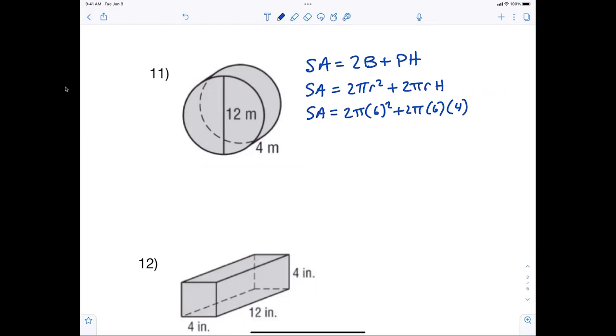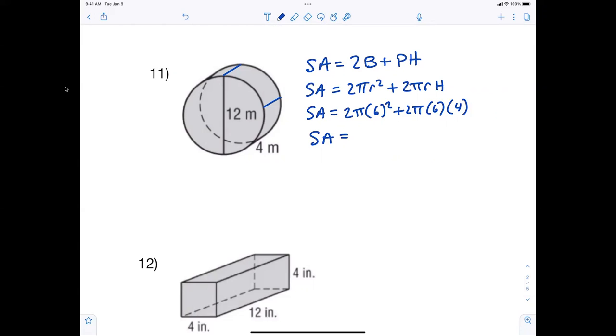Remember, the height is the distance between the two bases. Do you agree with that now? So this is considered the height. This would be considered the height. Anybody have any issues? All right, so let's do the mental math here. 102 pi.